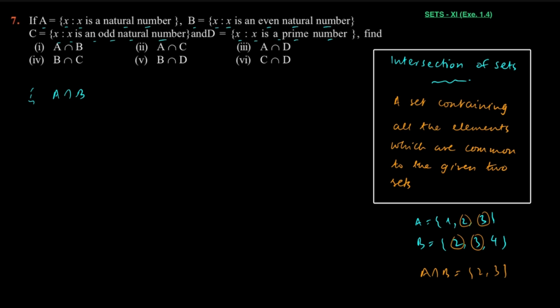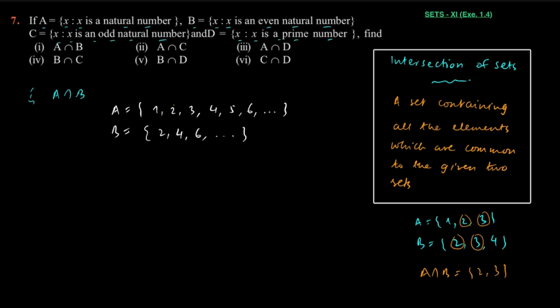Here we'll have to find A intersection B, as all the sets in this case are given in set builder form, which means our solution should also be in set builder form wherever possible. So set A is having elements as all natural numbers. So we know what natural numbers are: 1, 2, 3, 4, 5, 6 and so on. And set B is a set containing all even natural numbers, and even natural numbers are 2, 4, 6 and so on.